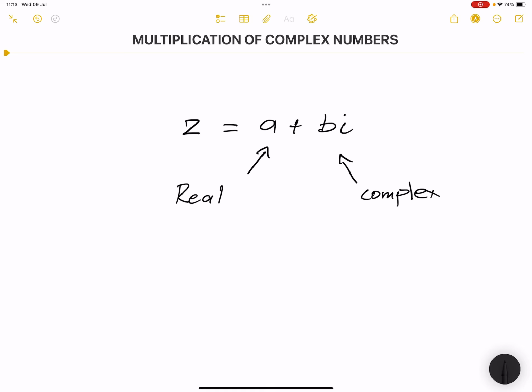Right, now, let's revisit complex numbers. Suppose we've got z, and z is equal to a plus bi. Note that a complex number is made out of two parts. Firstly, the real part, and in this case the imaginary part. If you haven't watched the previous lesson, please familiarize yourself with what the i stands for.